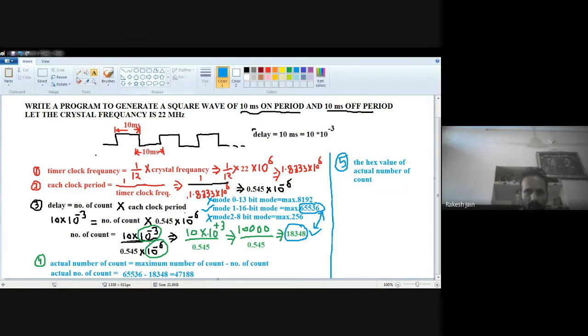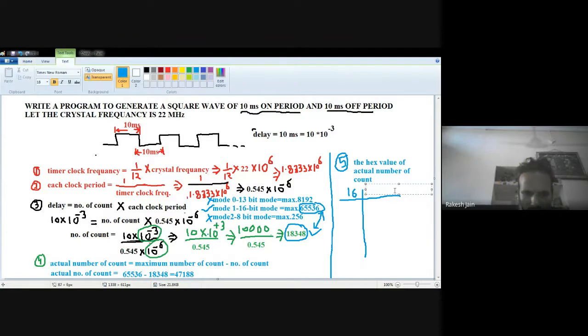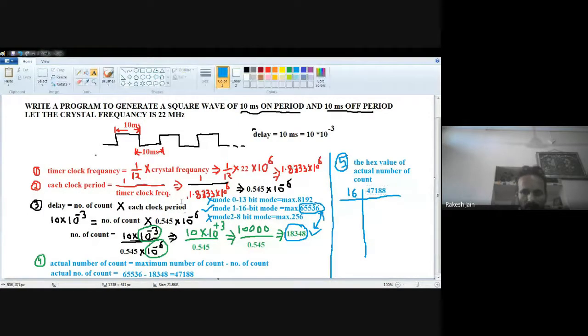So what is the actual number of count? The actual number of count is 47188. So we have to calculate the hex value. How can we calculate the hex value? We have to divide the number by 16. So it will be 47188. Now divide that number by 16.